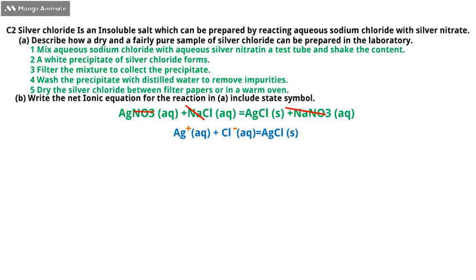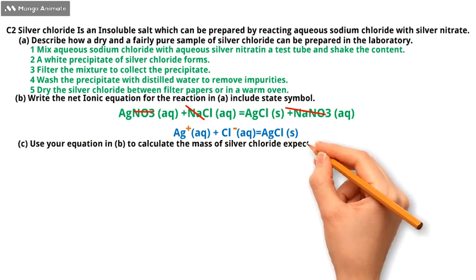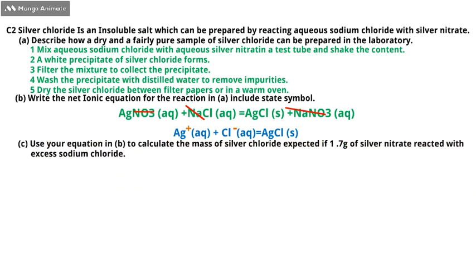Next is C2C. Use the equation in B to calculate the mass of silver chloride expected if 1.7 grams of silver nitrate reacts with excess sodium chloride. To calculate the mass of silver chloride formed, I will take the following steps. Step 1.